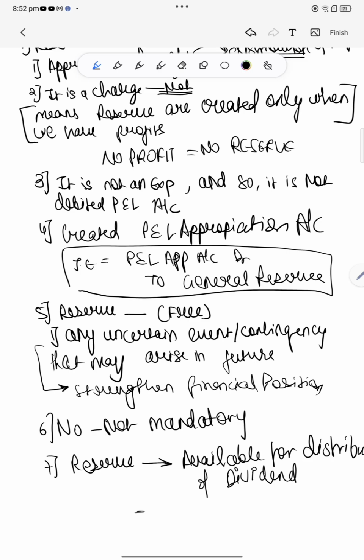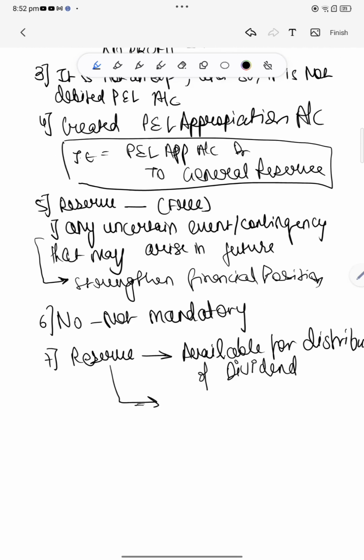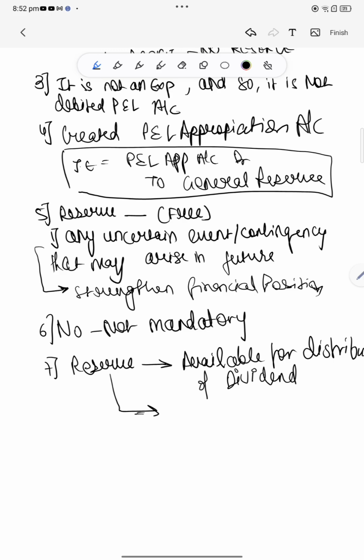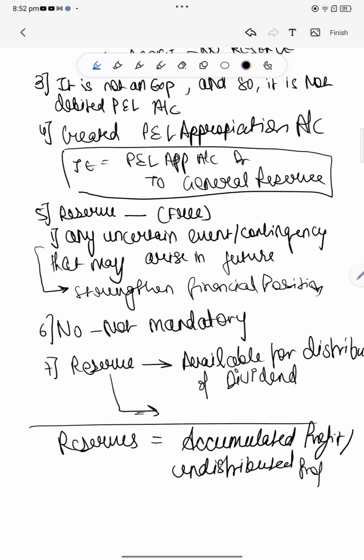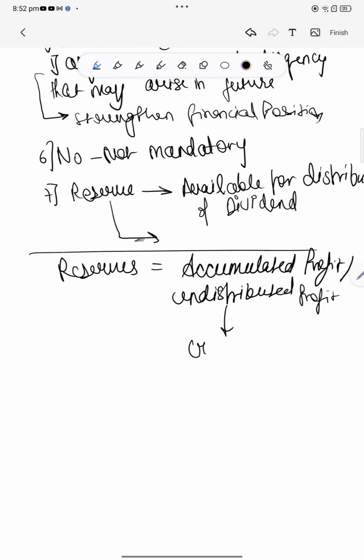What is reserves? Now, since you have understood all its features, reserves is accumulated profit, or you can also say undistributed profits, created for any, not specific, future contingencies.